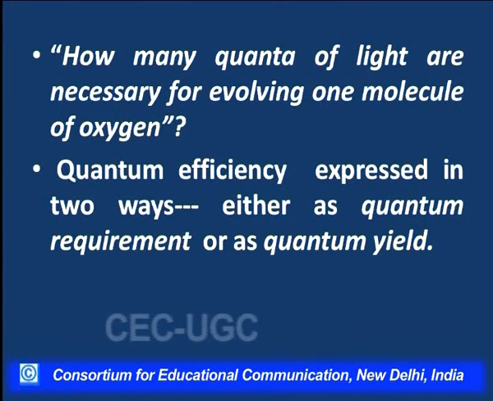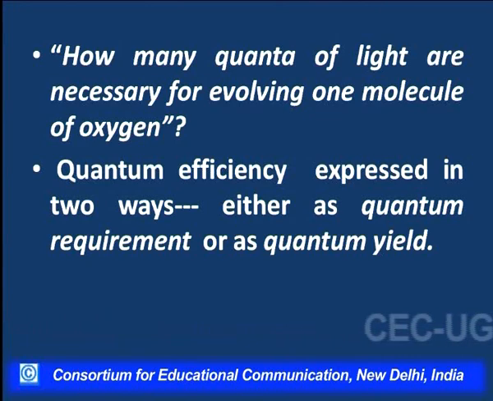In the balanced equation, we see that it is 6 molecules of oxygen which are being released. So what do we put as the answer to the number? Whether it is 6 photons, or is there a multiple of 4 or 8 or 10? This has to be understood, and this can be understood only on the basis of certain constants and certain terms.